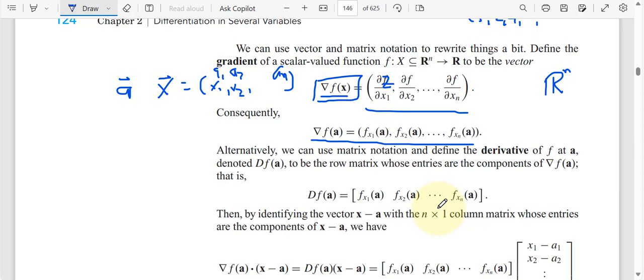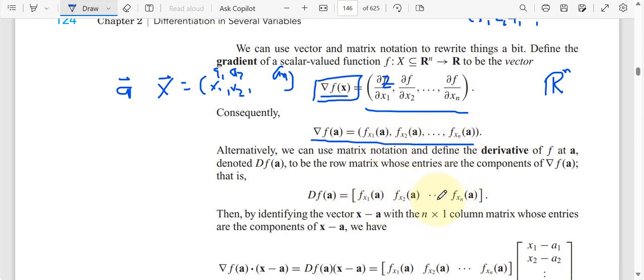Who cares, right? It doesn't matter whether we call it a vector or a matrix. But in some minor sense, it's important, just in a bookkeeping sense. So this is the same stuff as written here.